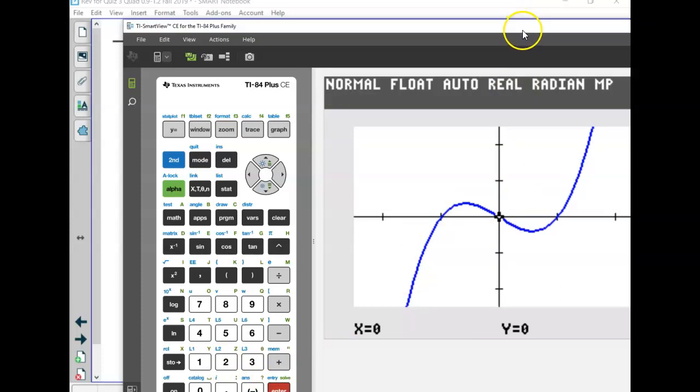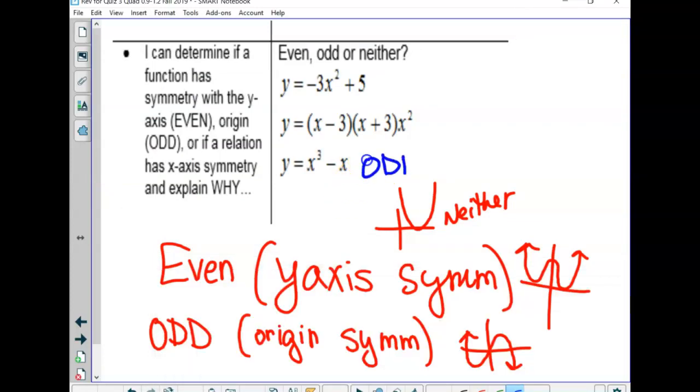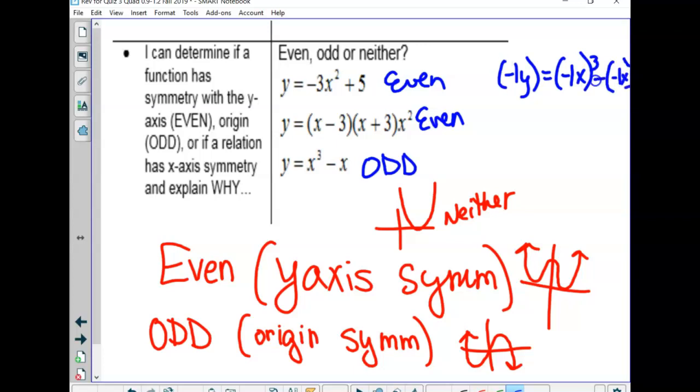Okay. We could even talk about the tests. Does anybody remember the tests for odd? It's you replace both x and y with their opposites. So you'd have negative 1y equals negative 1x cubed minus negative 1x.